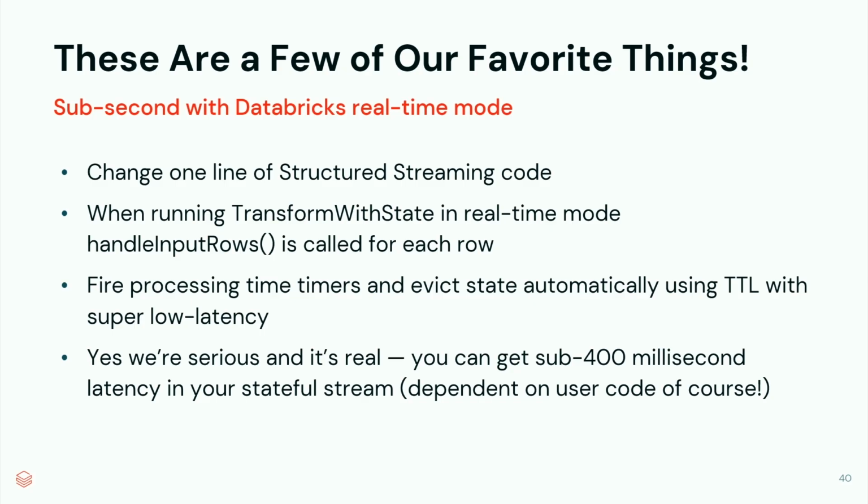We will ensure that you can do efficient row-by-row processing. We ensure that you can define any number of timers, and that they will fire with the lowest latency as much as possible. We'll support efficient TTL mechanisms. So you can now get really low latency for even stateful streaming pipelines with Spark.